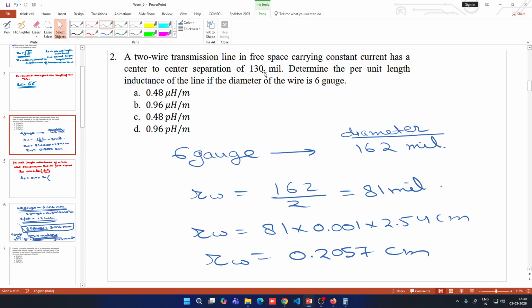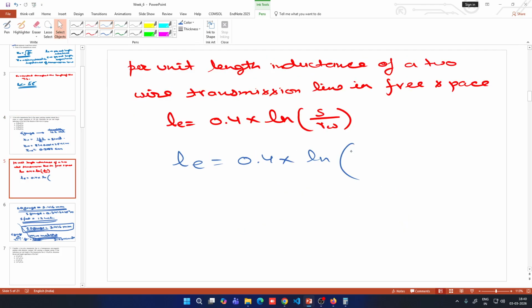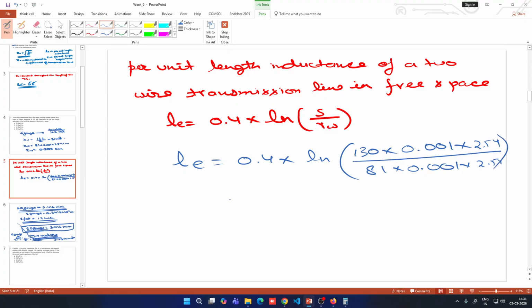So S is given already as 130 into 0.001 into 2.54, and this is 81 into 0.001 into 2.54. So this is 0.4 into natural log of 130 divided by 81.